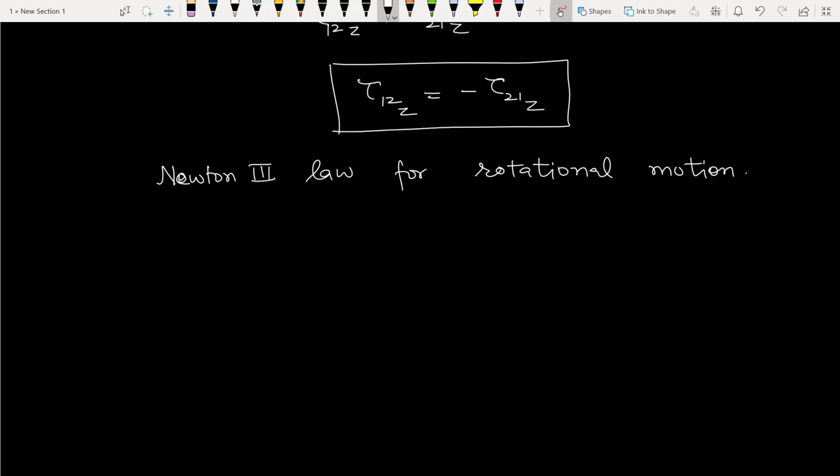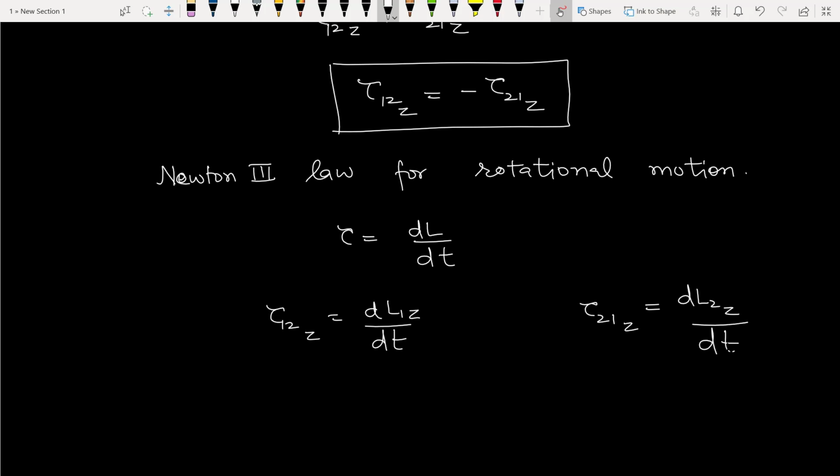As we know that torque is equal to dL by dt, tau 12 z component will be d by dt of L1z, because it is acting on the first body, so it will change the angular momentum of the first body. Similarly, tau 21 is dL2 z component divided by dt.